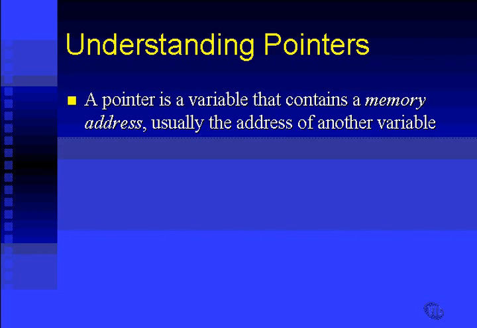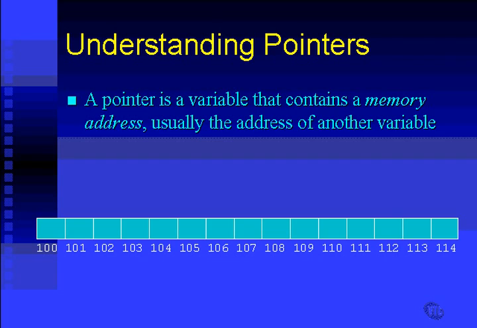I like to think of the entire memory of a program or the entire memory of a computer as one big long row of boxes. Does that make sense to you? You've got all the available memory on the computer, or at least all the available memory to this program, stretched out in a great big long line, certainly longer than the one I've drawn here.